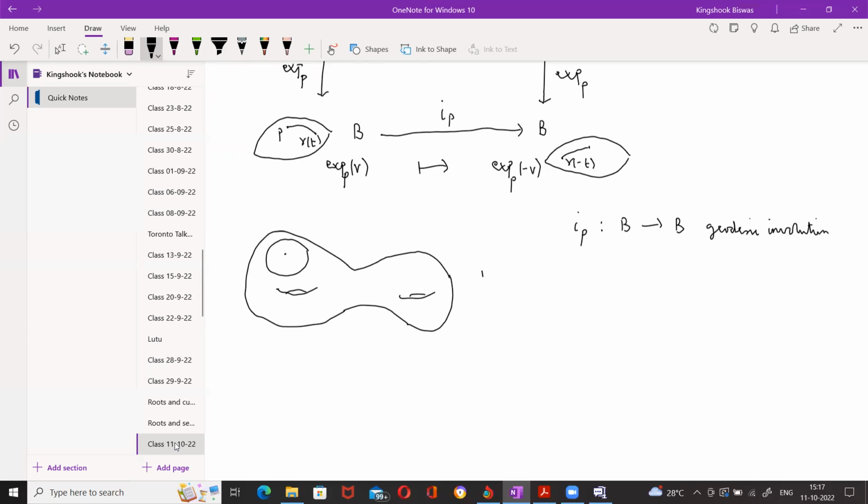Okay. So this does not extend to a diffeo from M to M in general.